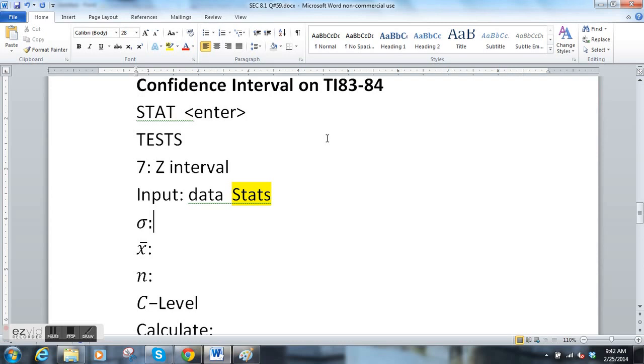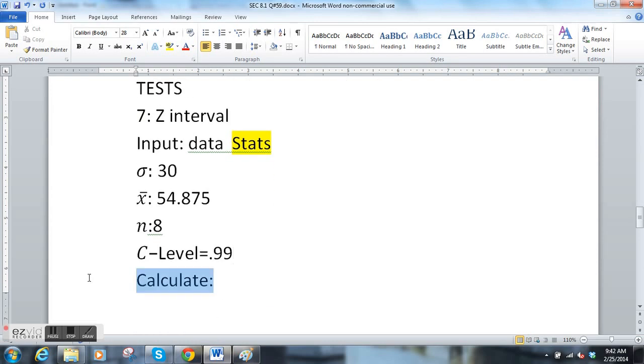For sigma you type in 30, for x bar you type in 54.875, n is 8, confidence level 0.99, and then you just hit calculate, and it'll essentially do the same thing we did right there. It'll just do this plus or minus bit. And when you do that, the calculator gives you 27.554, comma 82.196. You could also choose to do data, but then you'd have to refer it to list 1, so it's a little bit complicated, but it's also doable.